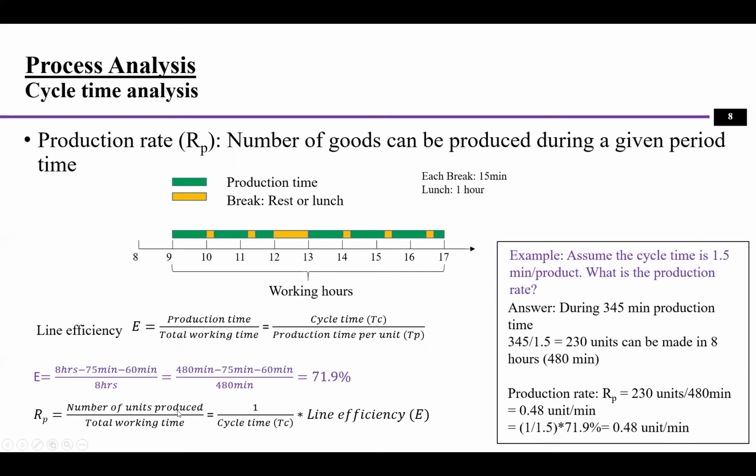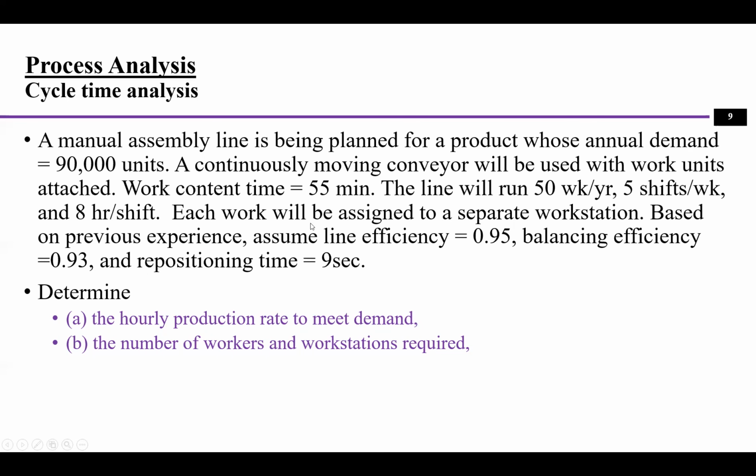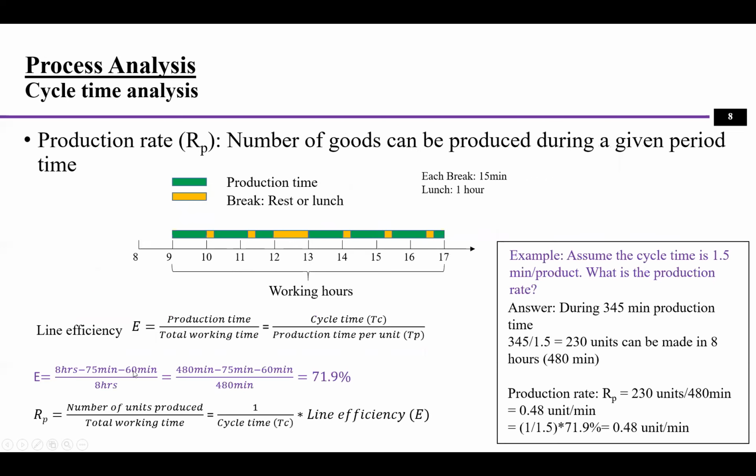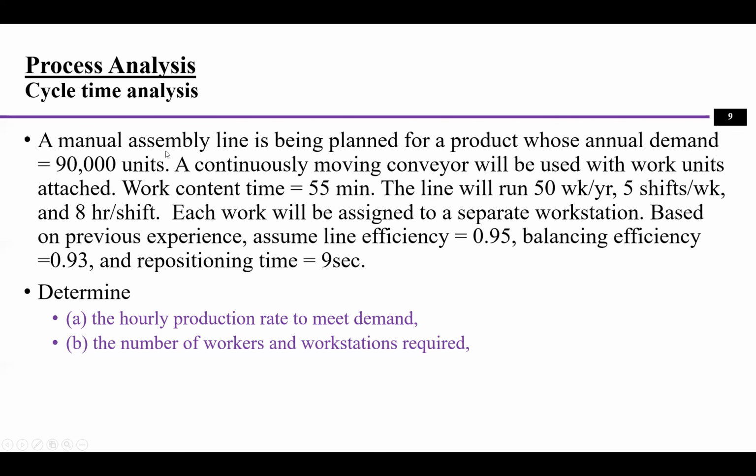Let's see if we can use this equation: number of units produced divided by total working time. Do we know how many can be produced? Yes, annual demand is 90,000 units, so this is the total number of products to be made.